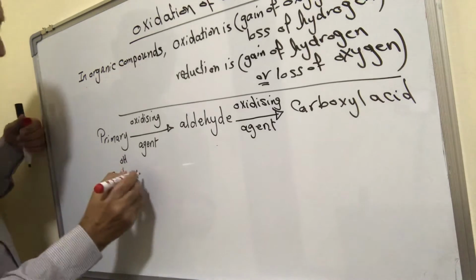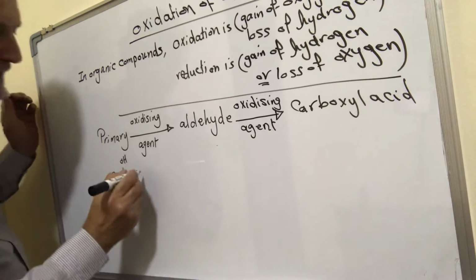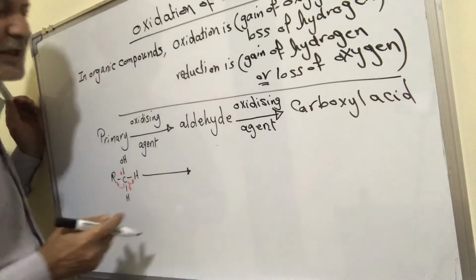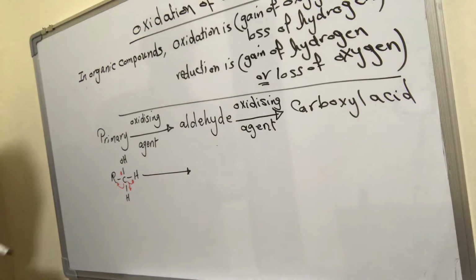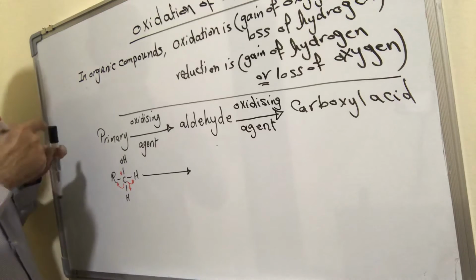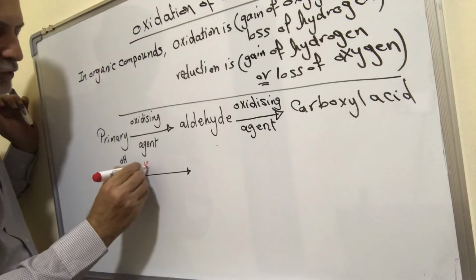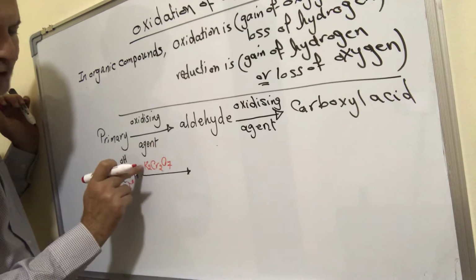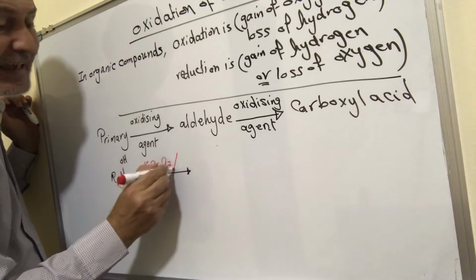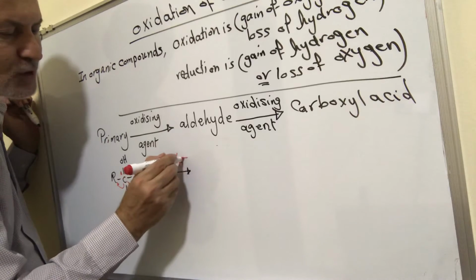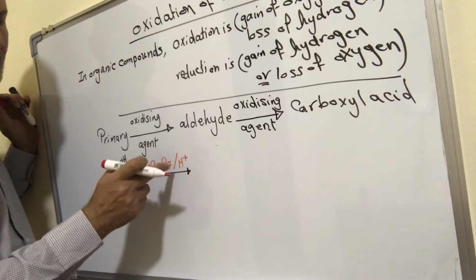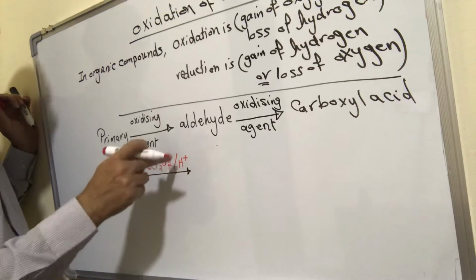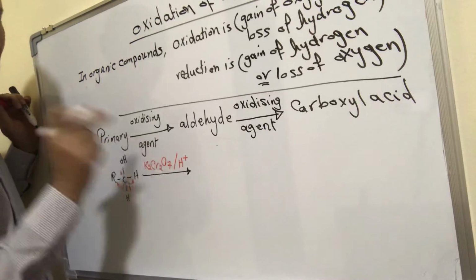For the oxidizing agent, here we have too many oxidizing agents, but in your book we are talking about only two of them, which are either K2Cr2O7, called potassium dichromate, in the presence of a few drops of acid. That's why you sometimes find it in questions or in the textbook as acidified potassium dichromate.